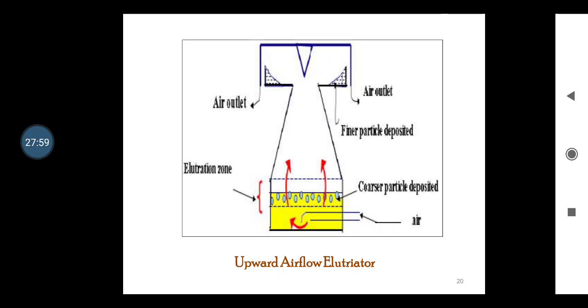You get the air outlet at the top. Exactly beneath this, the finer particles are deposited, and at the bottom there is an air stream as the fluid streamer, then the coarse particles are deposited at the bottom in the elutriation zone. So I mean to say that the coarse particles are deposited at the bottom and the fine particles are deposited in the upward direction.